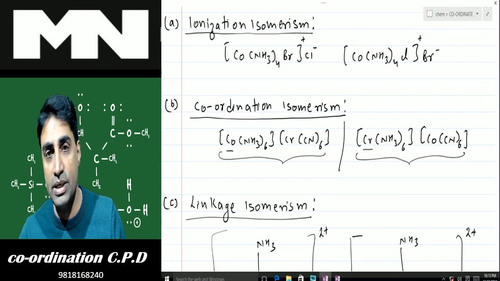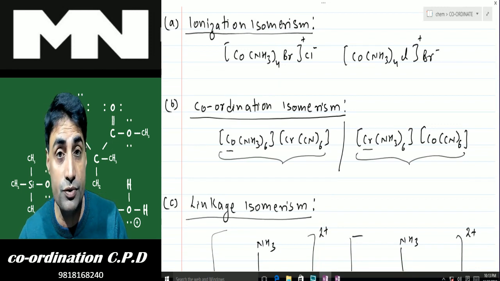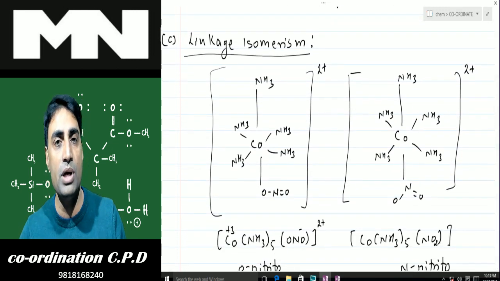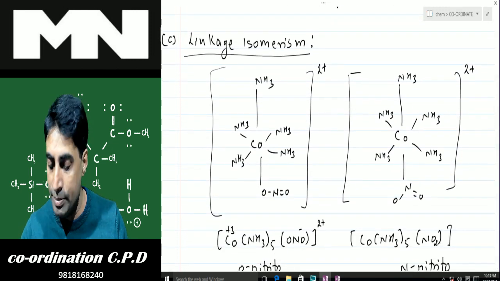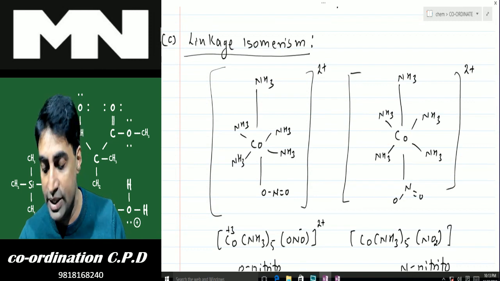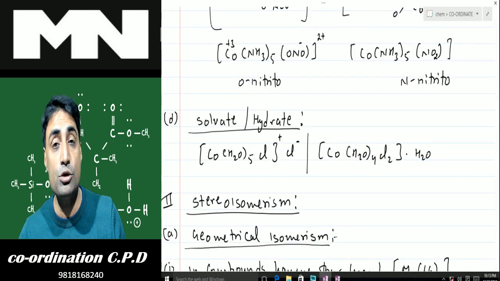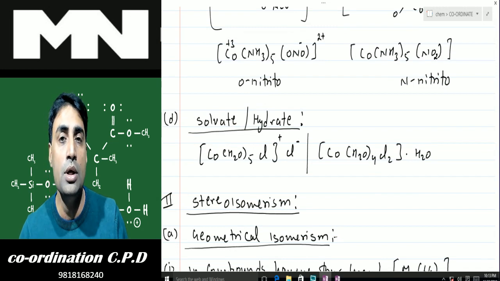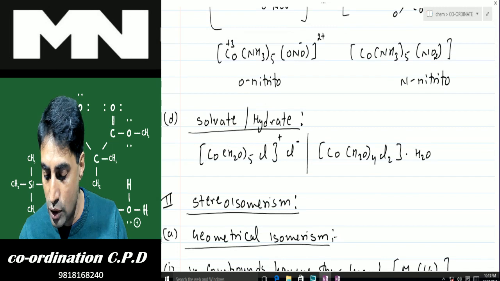Coordinate isomers have the same molecular formula but different coordination spheres around the transition metal atom. Linkage isomers have the same molecular formula but different linkage sites of an ambidentate ligand, so for that you need an ambidentate ligand in the compound. Solvent isomers, like ionization isomers, have the same molecular formula but give different molecules of solvent when dissolved in a solvent.